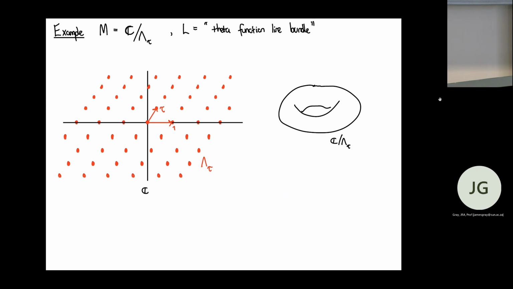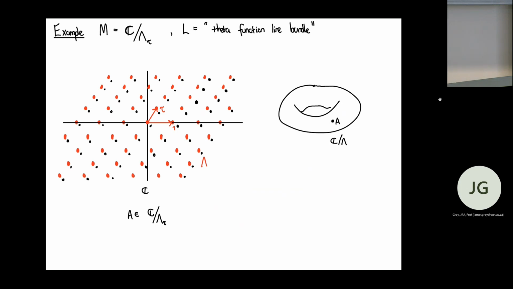And then I take the quotient space. The quotient space is then going to be a torus because you can identify opposite sides. Right? So I take C modulo this lattice, I'm going to get a torus. And the line bundle I have to describe to you. So a point in this quotient space would be an equivalence class of points, right?